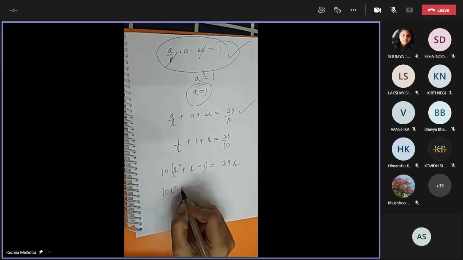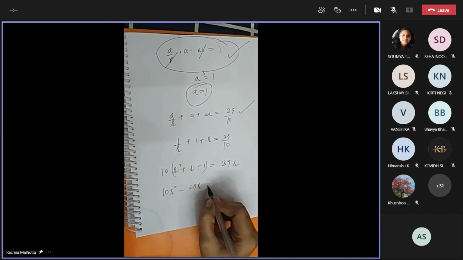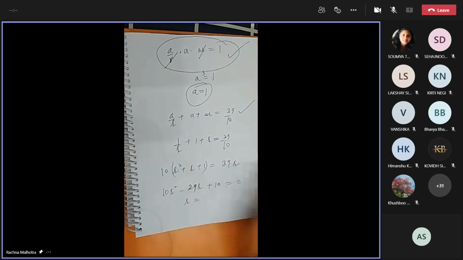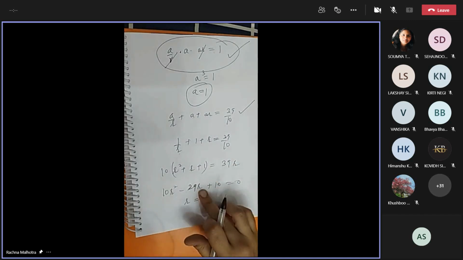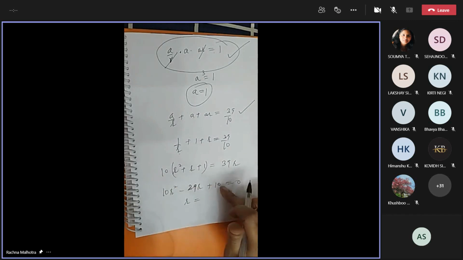So we are getting a quadratic equation: 10R square minus 29R plus 10. By splitting the middle term, you can find the values of R. I think it will be 25 and 4, which add to 29, and 25 into 4 gives 100.